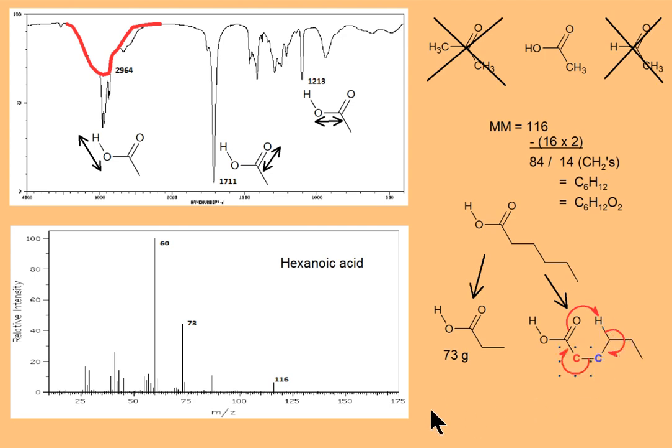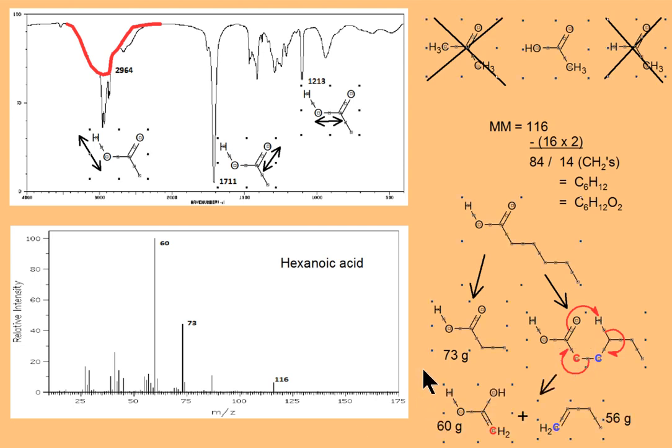That would then cause the adjacent bond to break, and so we'd end up with these rearranged fragments which would have broken off, and the carboxylic acid head group rearranged would give that mass of 60, and the tail end would give that mass of 56, which we also see in the spectra.